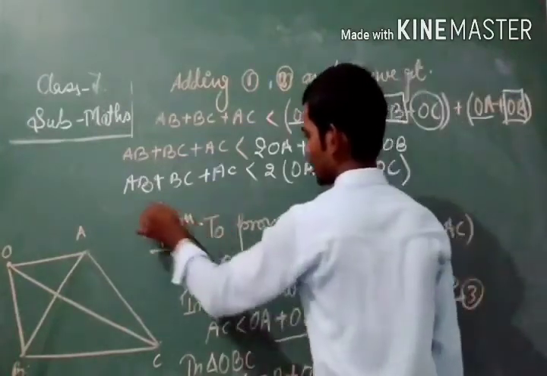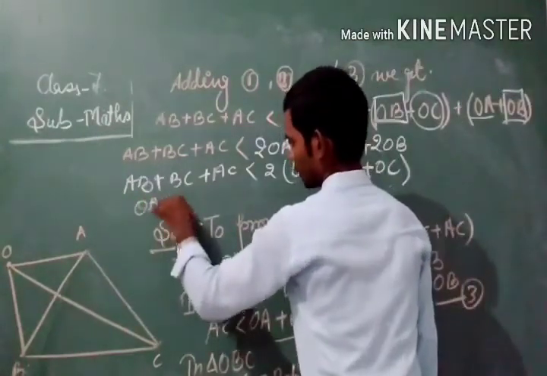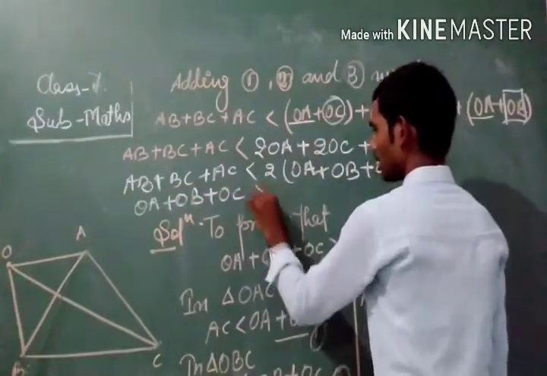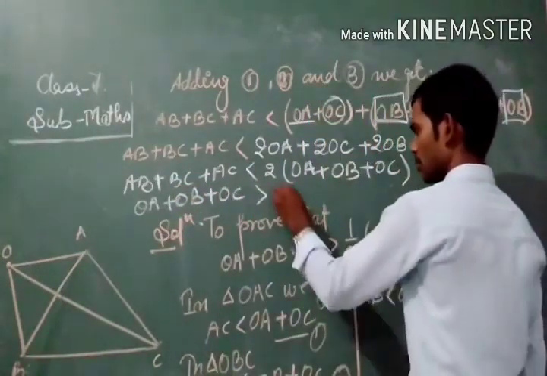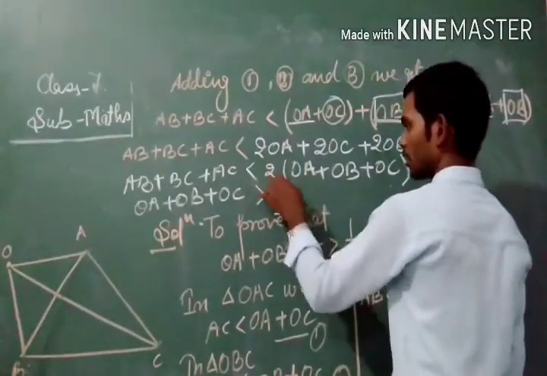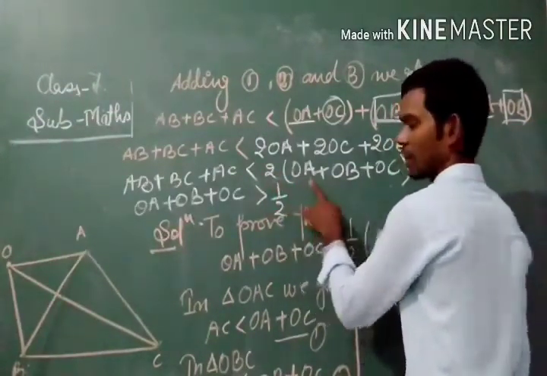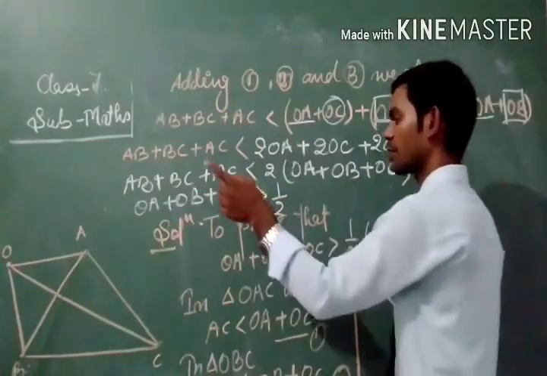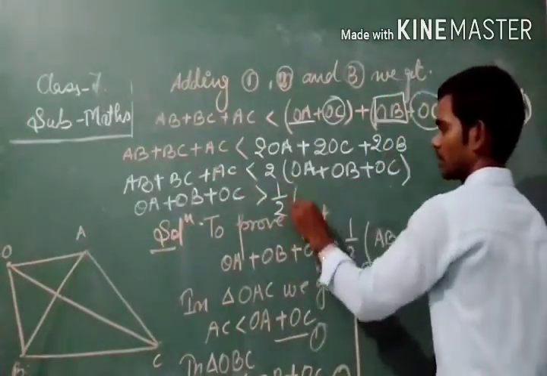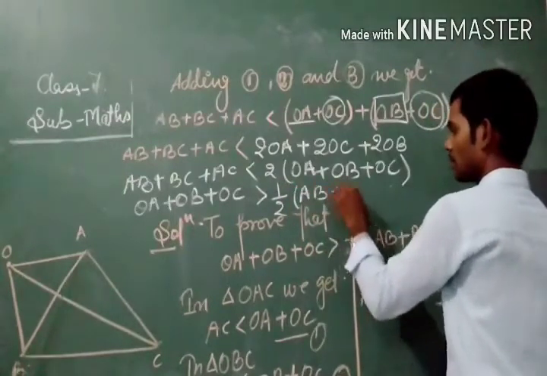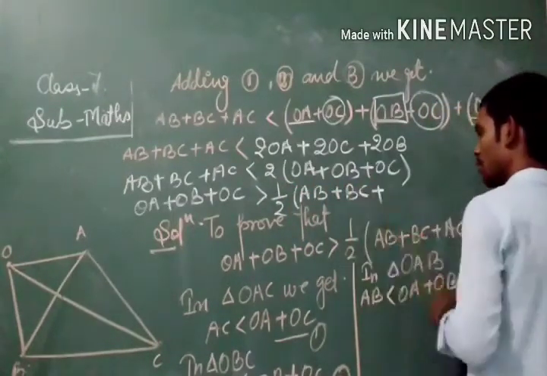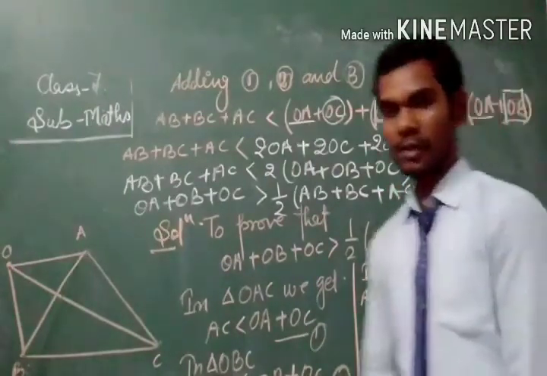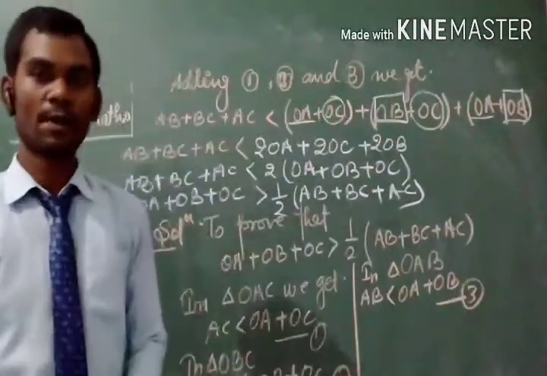Or we can write OA plus OB plus OC is greater than 1 by 2, since 2 is multiplied with this term, when it goes to the left side it becomes divided, and we get (AB plus BC plus AC). This is our required result.